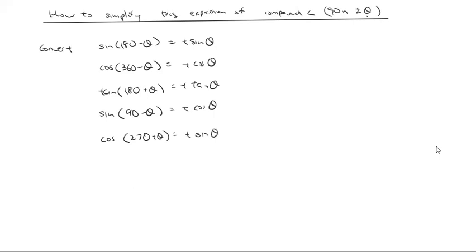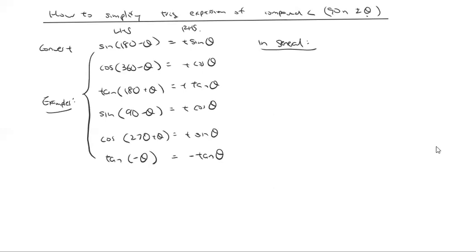So essentially, I'm going to be talking about how to convert things from the left-hand side to the right-hand side. These are just examples. In more general terms, we want to convert a sine, cosine, tan, cot, sec, or cosec, any of the six, of an angle which is a multiple of 90 plus or minus theta.